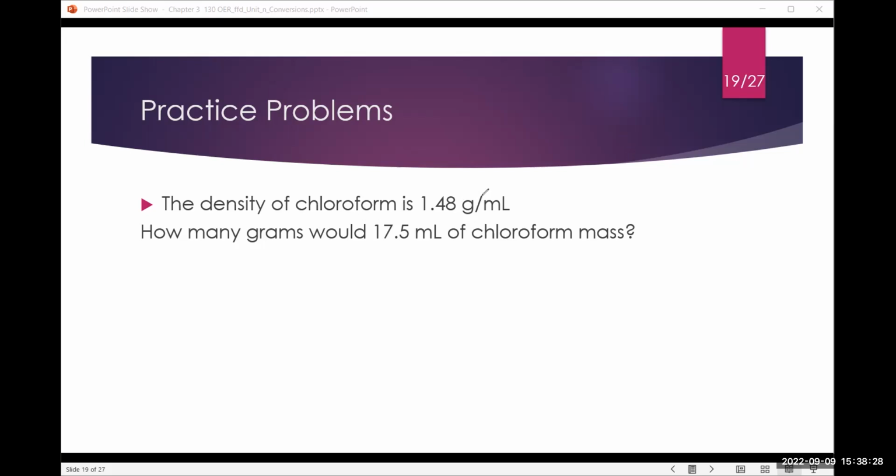All right, so here, the density of chloroform is 1.48 grams per milliliter. The question is asking you, how many grams would 17.5 milliliters of chloroform weigh? Like the problems we've been doing, we write down what we're given, and we write down the units that we're looking for.